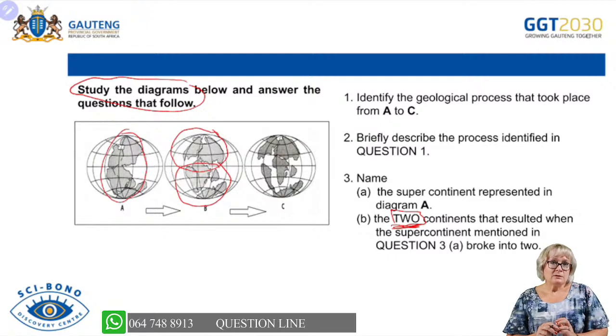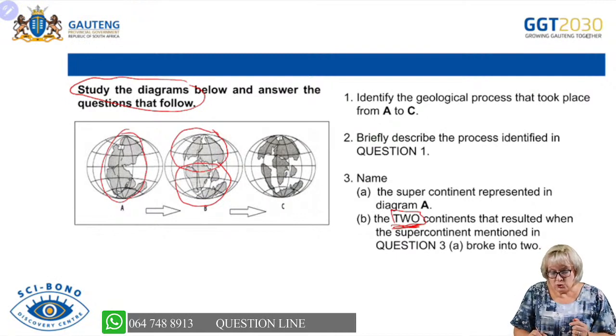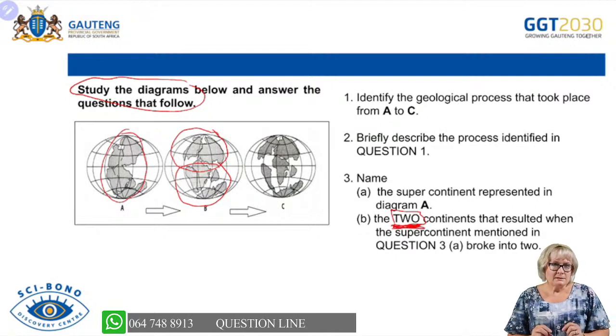We only mark your number 1 and number 2 answer. Number 3 we don't even look at. Even if your number 2 and 3 are the correct ones, you're not going to get a mark for number 3. Because what did the question say? The question said, give the two names. Right. So remember this when you are actually in the exam situation, that you follow the instructions of the question.